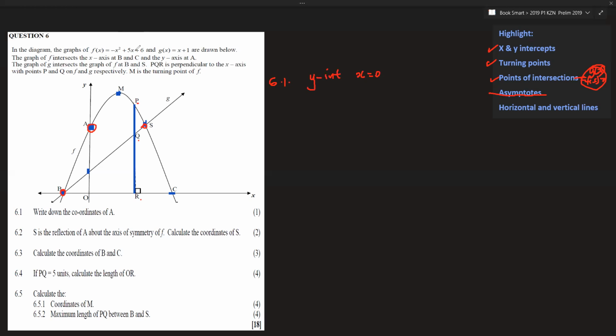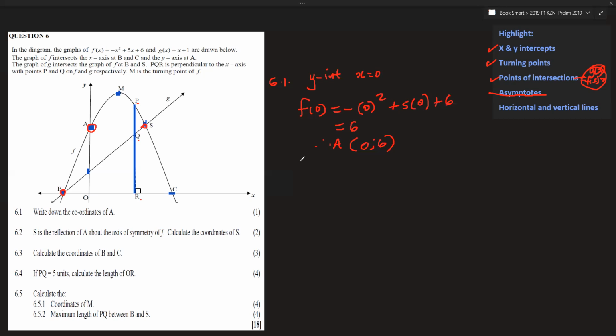We substitute 0 for x, so we're basically looking at f(0). When x is 0, use brackets to substitute: minus 0 squared plus 5 times 0 plus 6. The answer is 6. Therefore, A equals (0; 6). Okay, perfect.